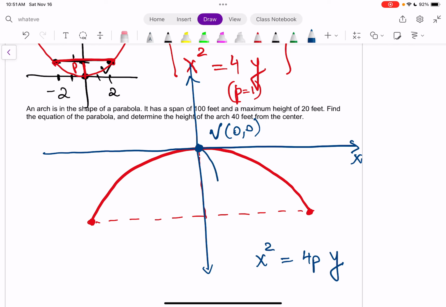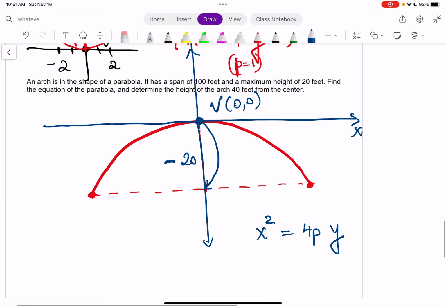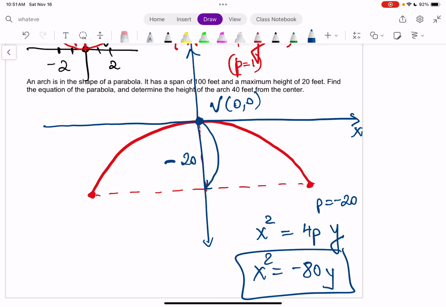And then I just need to figure out that p-value. Now, we know the maximum height is 20 feet, yes? Well, since this is a downward-looking parabola, I'm going to make the p a negative 20 because my parabola opens down. So x squared is negative 80y. Okay, so that's the equation of this parabola I drew for you.